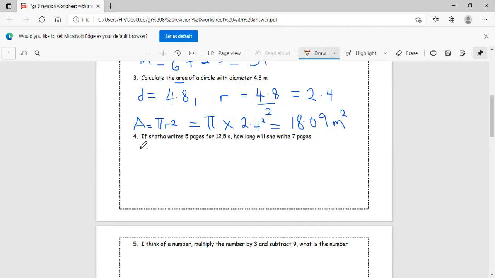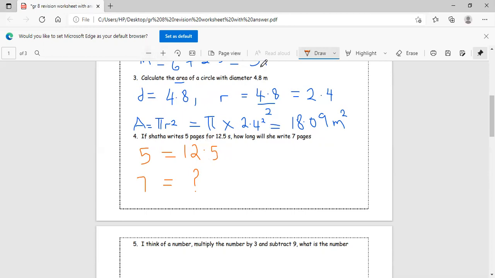So she writes 5 pages at 12.5 seconds. You can see this is the place I have for pages and this is for time. So I'll write 7 here. That is the same as I don't know the amount of time for 7 pages. That is what I'm looking for.